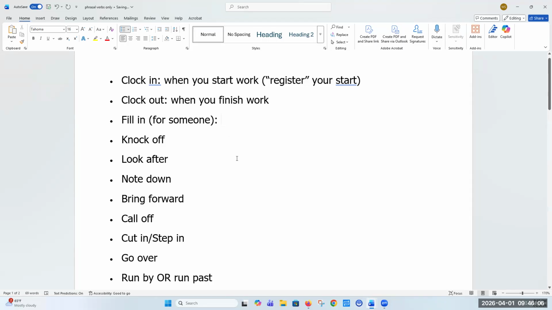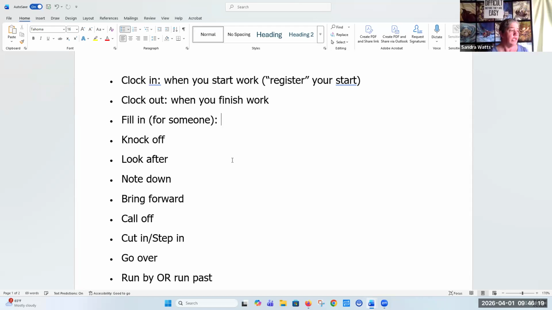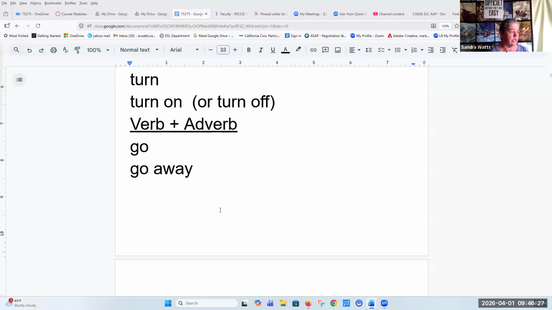Fill in a form, like fill in the form, or fill your name in the blank, yes? Okay. So that's different. Fill in actually has more than one meaning.